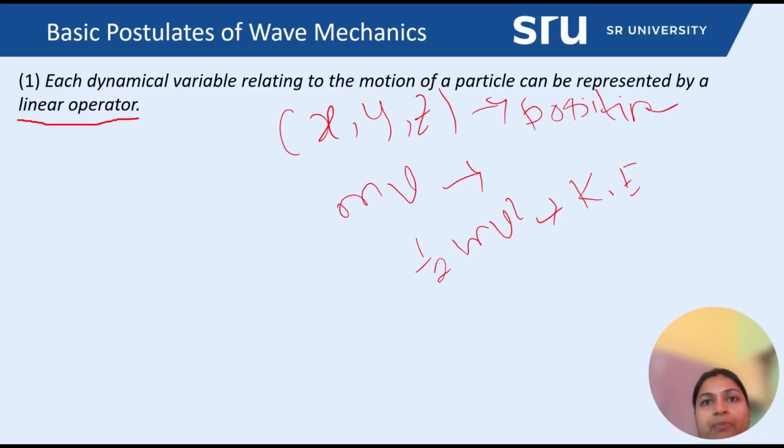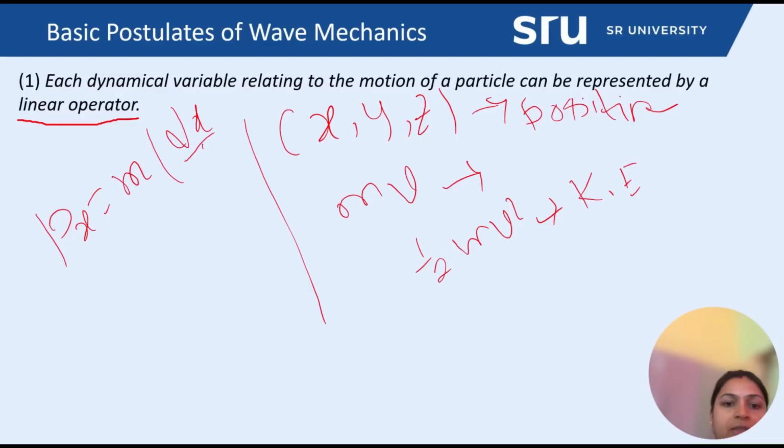For the x component of linear momentum of a particle, which has a classical representation px is equal to m dx divided by dt, we have a quantum mechanical operator, which is basically minus i h by 2 pi del x.